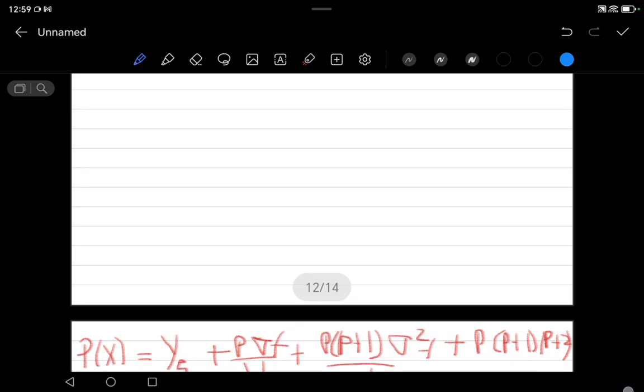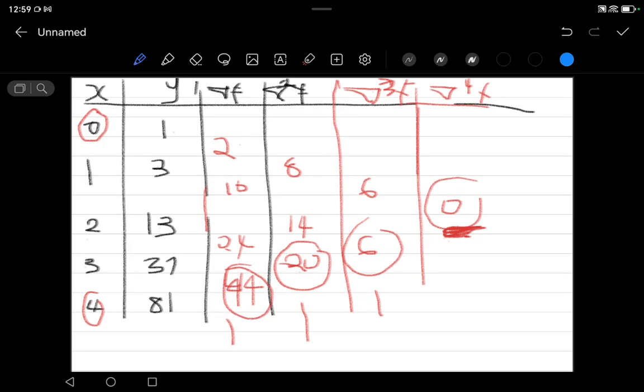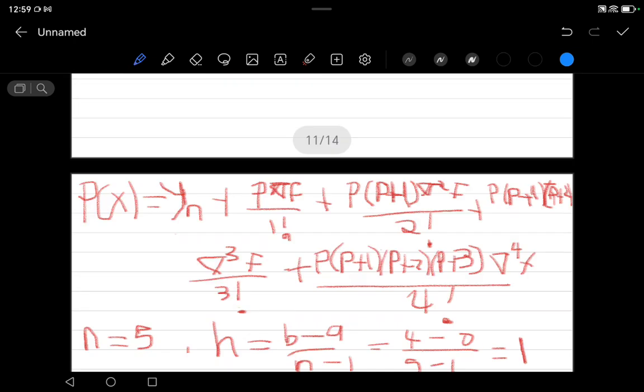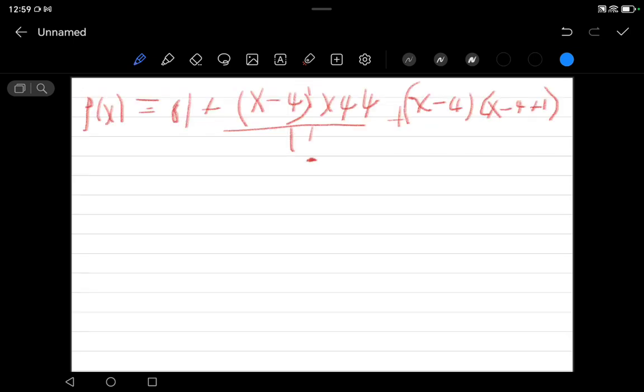Which is 20. The second backward coefficient is 20, so we're going to multiply everything by 20, all over 2 factorial.